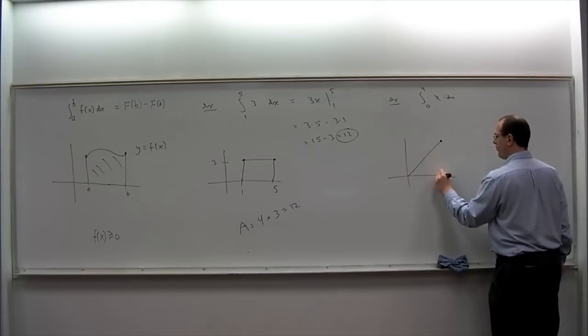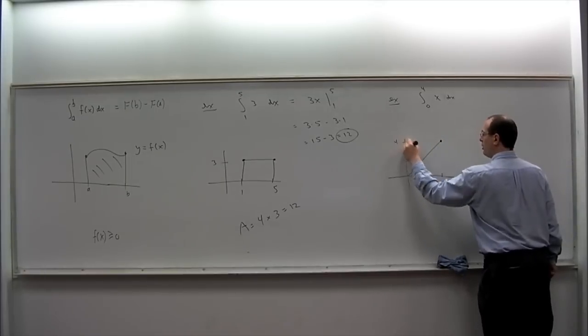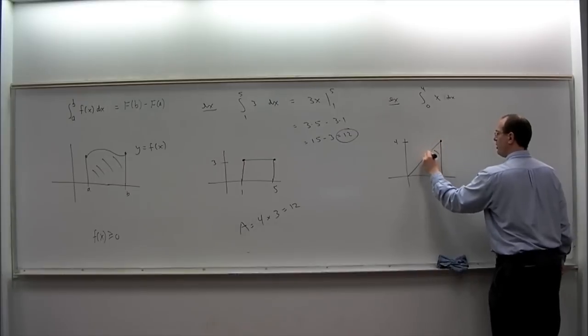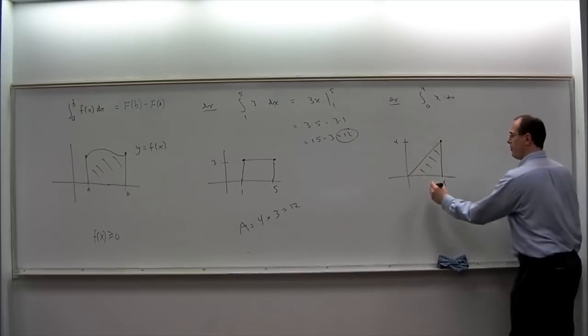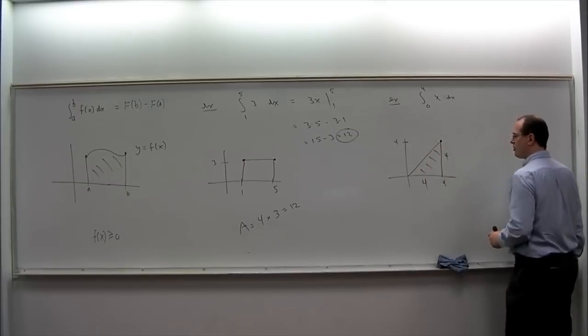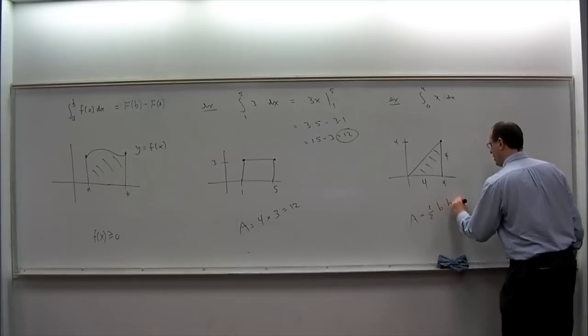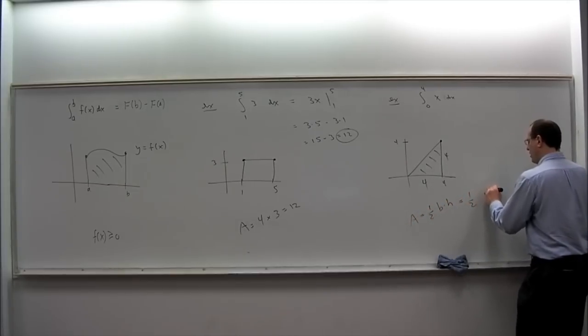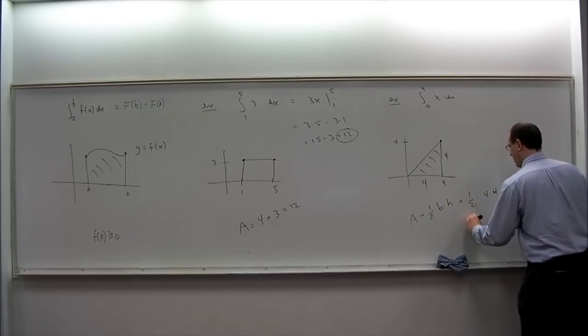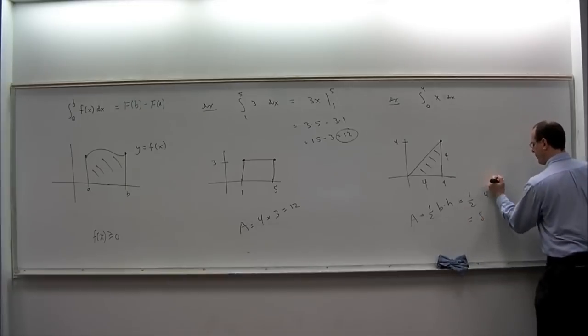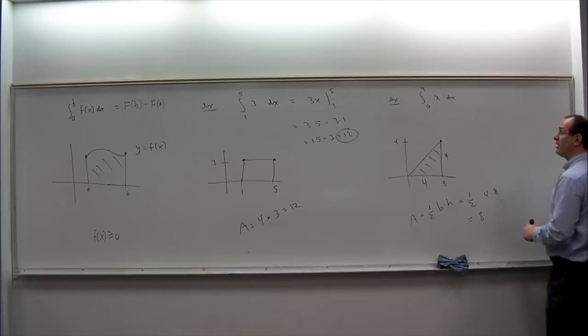And if this is the point 4, 4, then the region of interest is this triangle. The base of the triangle is 4, the height of the triangle is 4, so the area is 1/2 the base times the height, which is 1/2 of 4 times 4, and that's 8. So the answer should be 8.